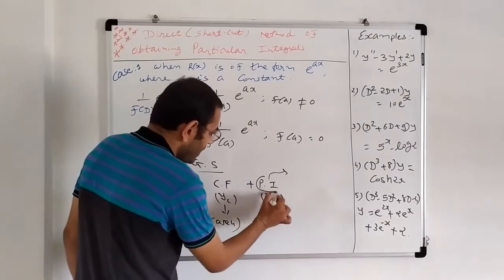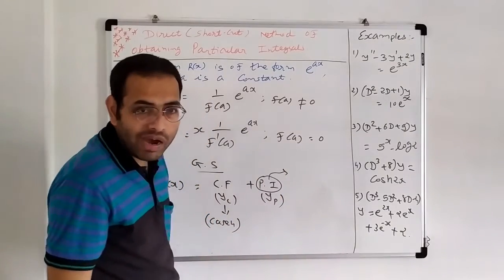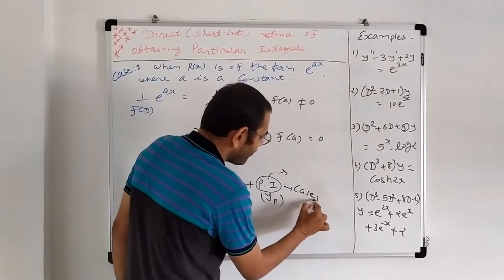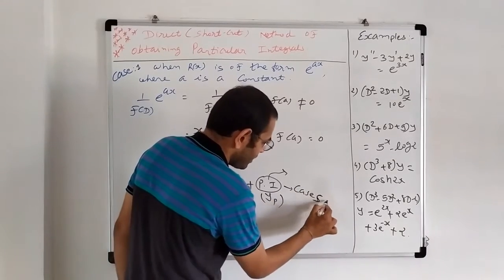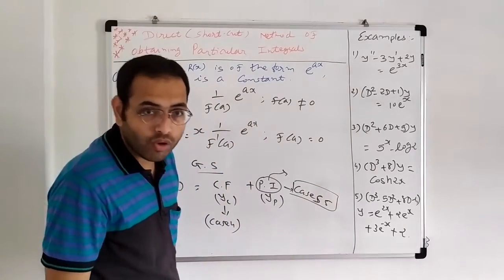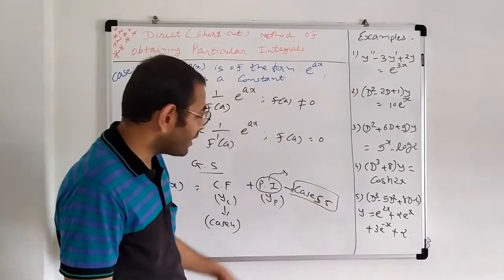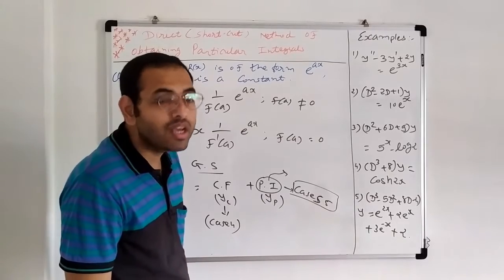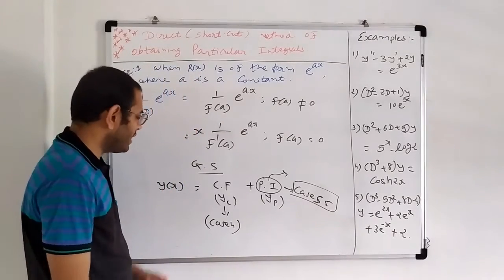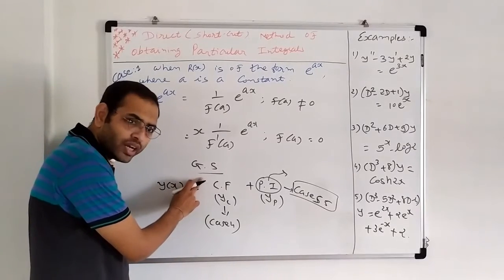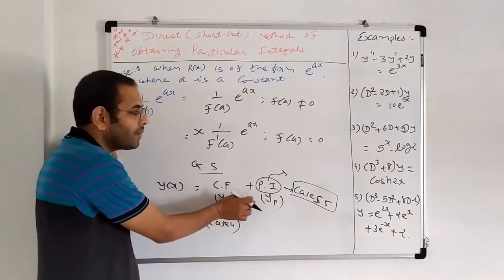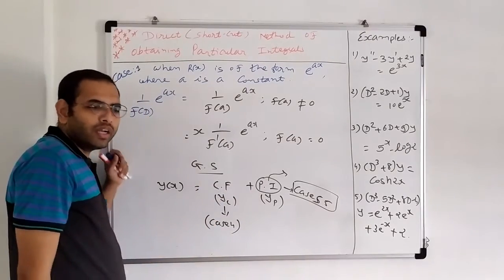Today's session we learn about shortcut cases. There are a total of 5 cases to find the particular integral. Then undetermined coefficient method, then variation of parameters, Cauchy-Euler's, etc. Then we find the general solution is a combination of complementary function and particular integral.